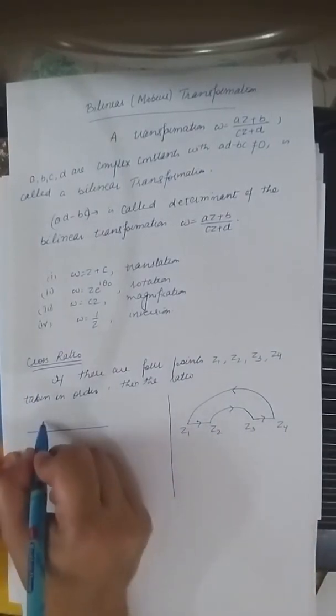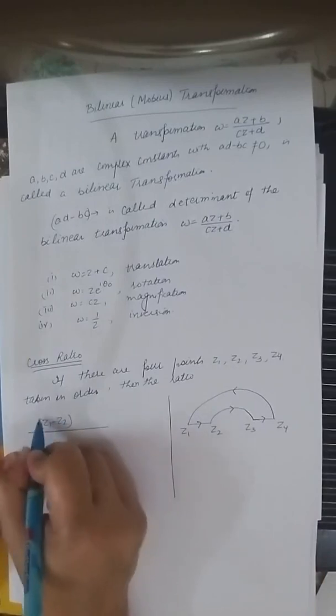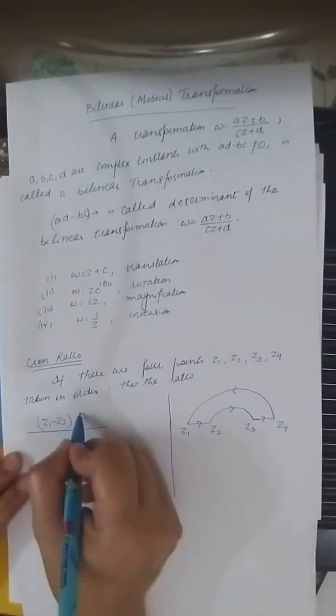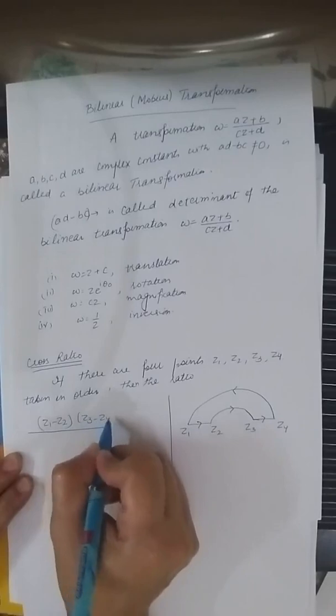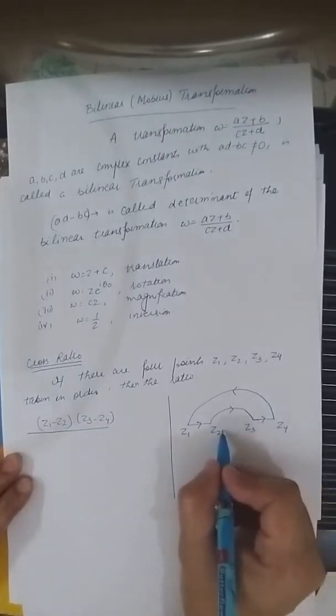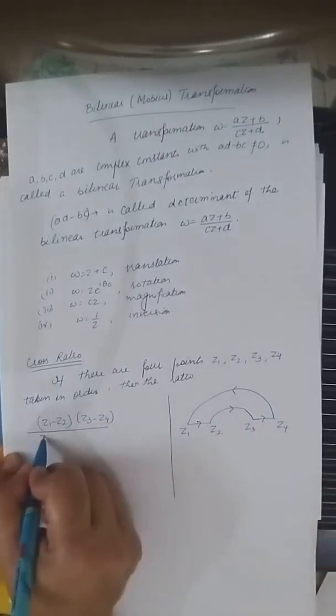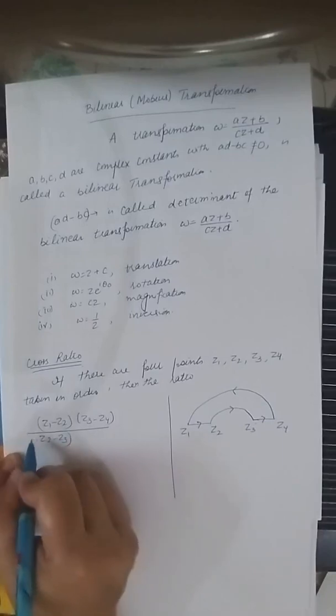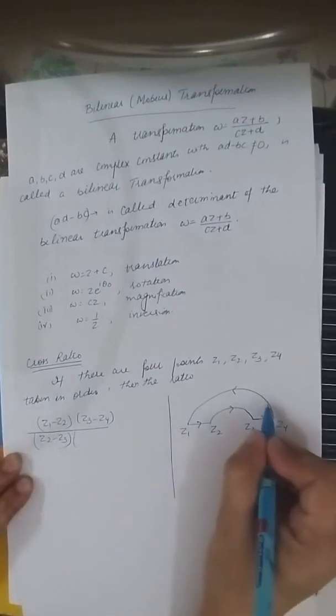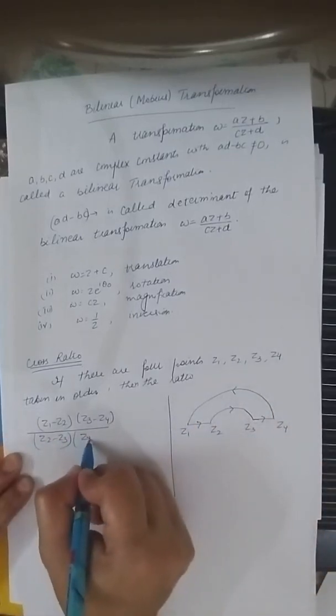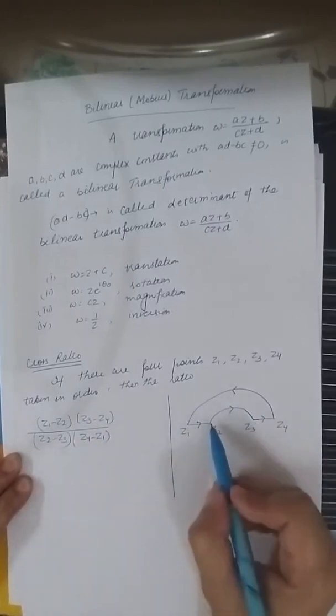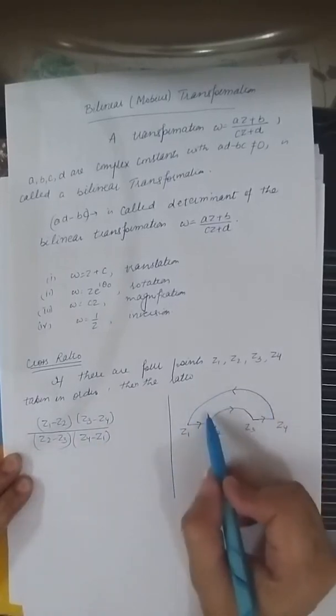Z1 minus Z2 into Z3 minus Z4 divided by Z2 minus Z3 into Z4 minus Z1. One thing is to be noted, that here I am preserving this anti-clockwise direction.